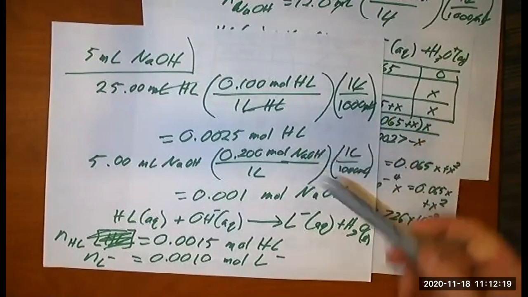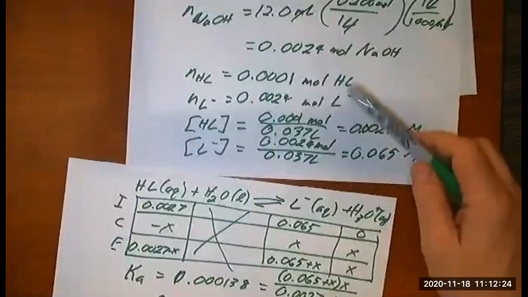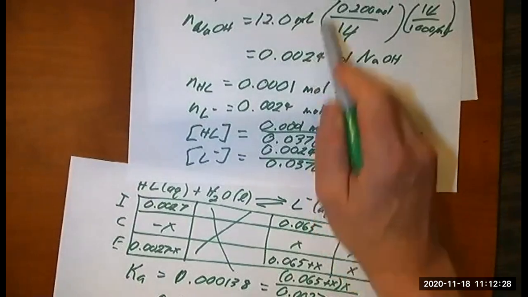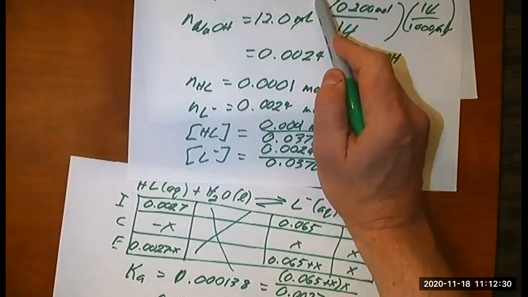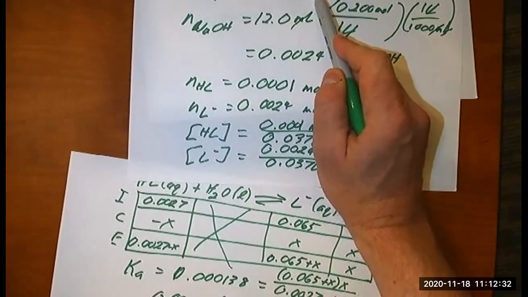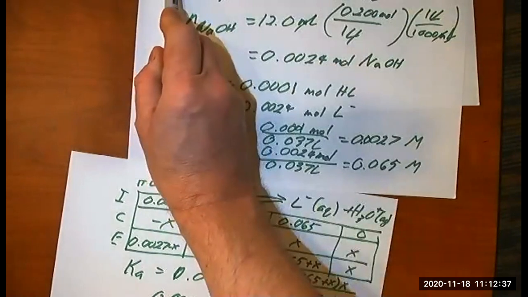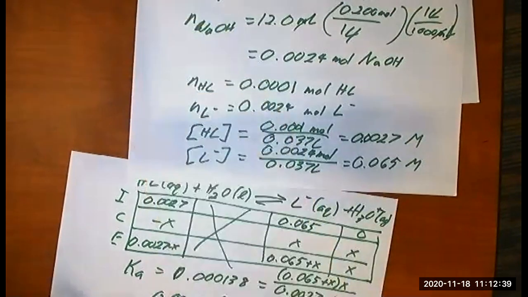Okay, so in this case, when we did the calculation, we found that we had slightly less sodium hydroxide than the acid that we started with. So at the equivalence point, it would be 12.5 milliliters added. Let's do that calculation next.